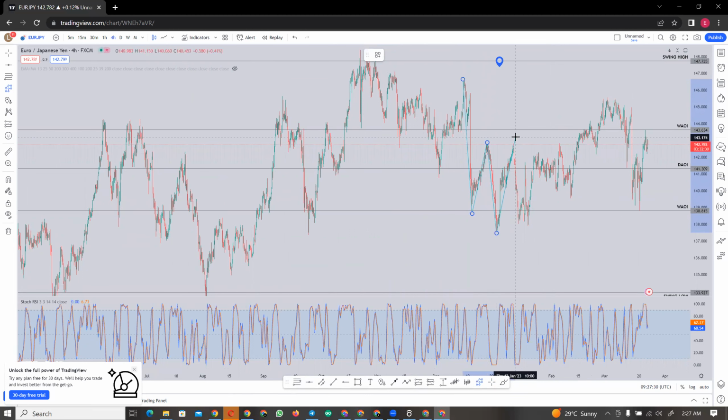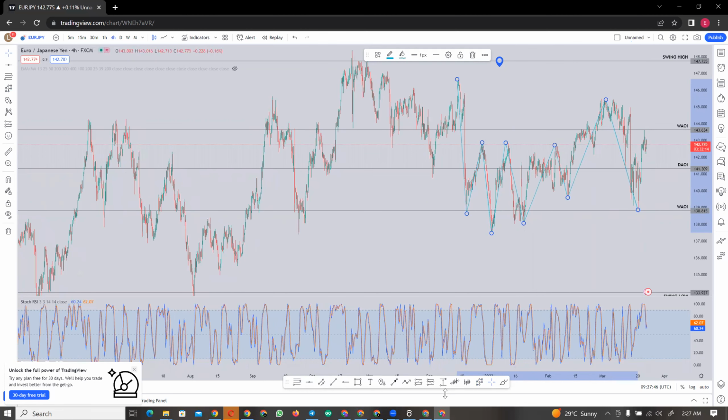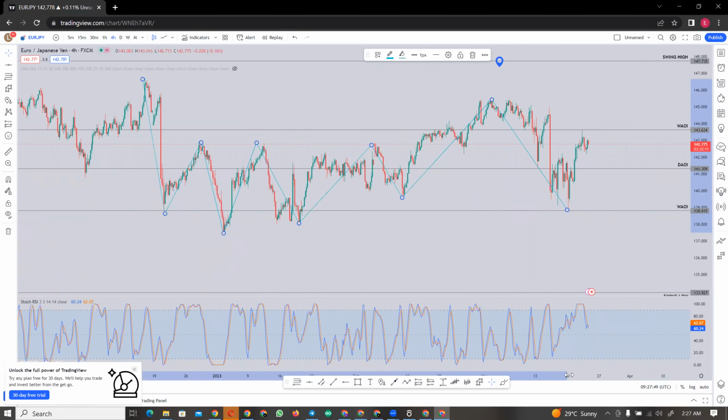Let's just mark this. Then all these are consolidations. Then we have this high here. We have taken, let me zoom in.